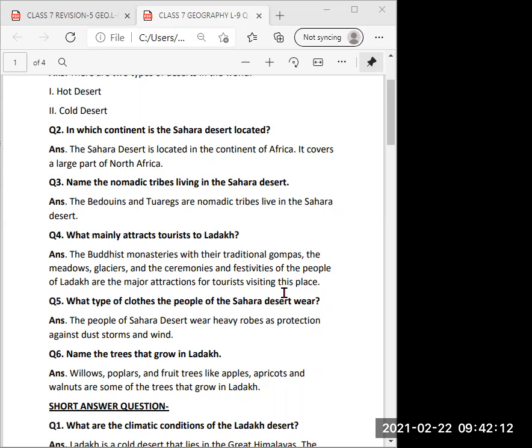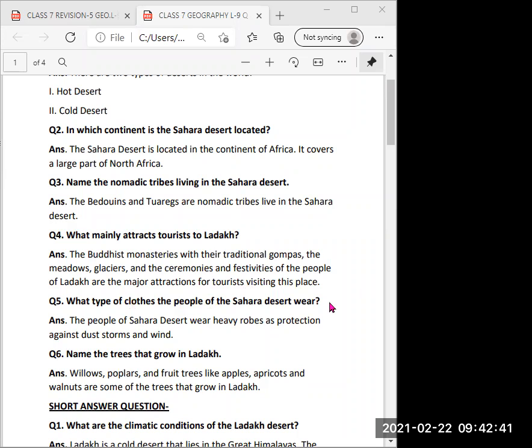So first, the Buddhist monasteries with traditional gompas. Second, meadows. Third, glaciers. Fourth, ceremonies. Fifth, festivities. Clear? Of the people of Ladakh are the major attractions for tourists visiting this place. So how many? 5 things you have to write down.